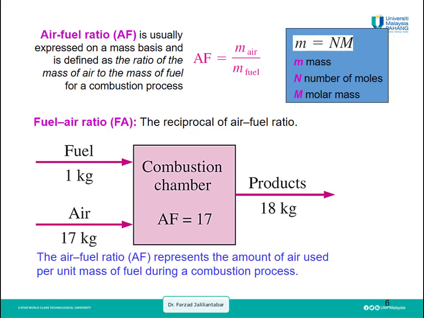So we can define the air-fuel ratio as a parameter to know if an appropriate mass of air is combined with the mass of the fuel. So air-fuel ratio is on a mass basis, and it is defined as the ratio of the mass of the air to the mass of the fuel for a combustion process. In other words, AF is equal to m_air divided by m_fuel.